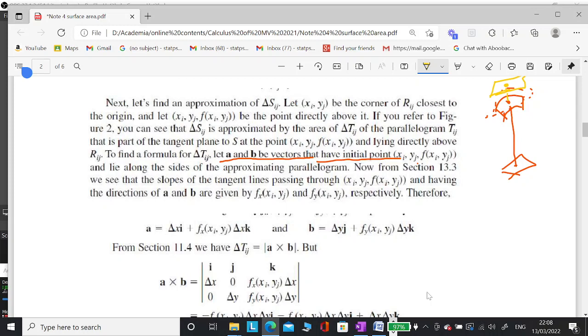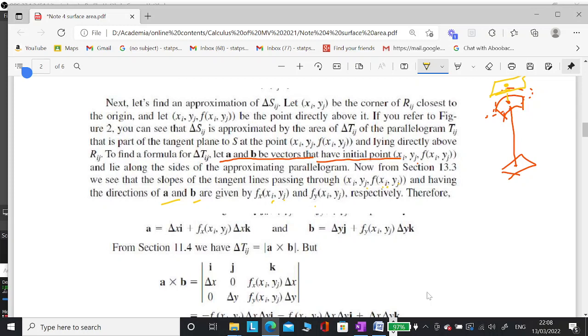From the previous section, the slopes of the tangent lines passing through xi, yj, f of xi, yj and having directions a and b are given by fx of xi, yj and fy of xi, yj.